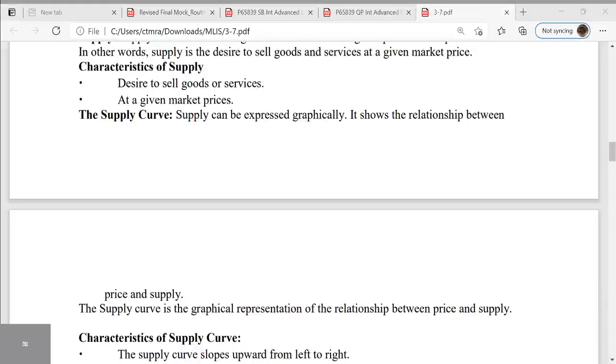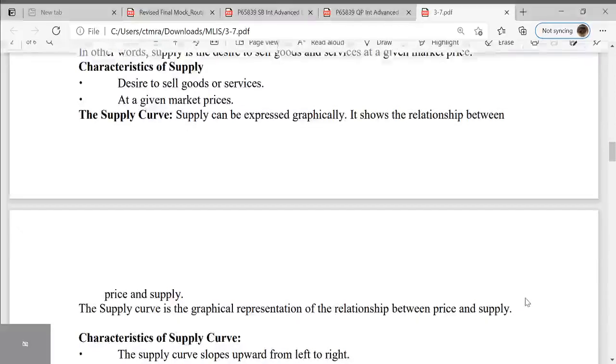But if we are talking about supply, then when the price changes, supply increases when the price is increasing. Why? Because the higher price will attract more suppliers into the market, because a higher price means higher profit.